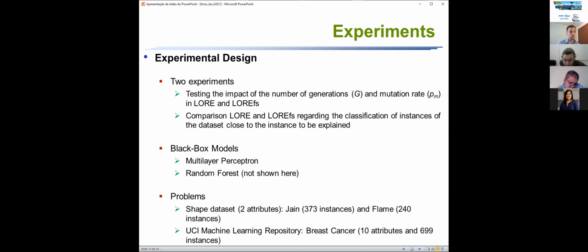Right. The first two data sets we chose because they have only two attributes, in order to visualize the graphs. The third data set, breast cancer, has 10 attributes and almost 700 instances. In fact, there is a problem, because every time you need to explain an instance, you need to run two genetic algorithms. So genetic algorithms are not so fast.